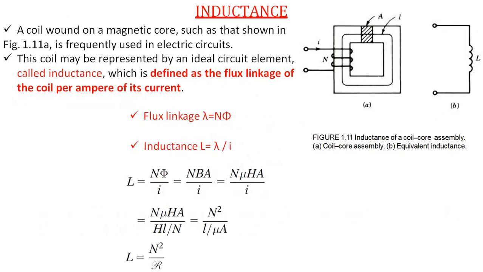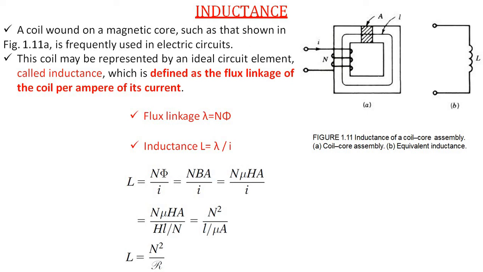And then next we have to find out the inductance. Here, in the magnetic circuit, a coil wound on a magnetic core, as shown in the figure, is frequently used in electric circuits. The coil may be represented by an ideal circuit element called inductance, which is defined as the flux linkage of the coil per ampere of its current.